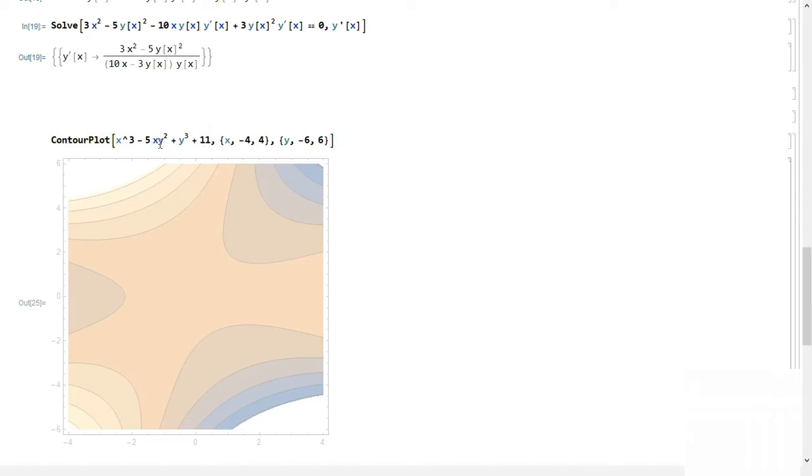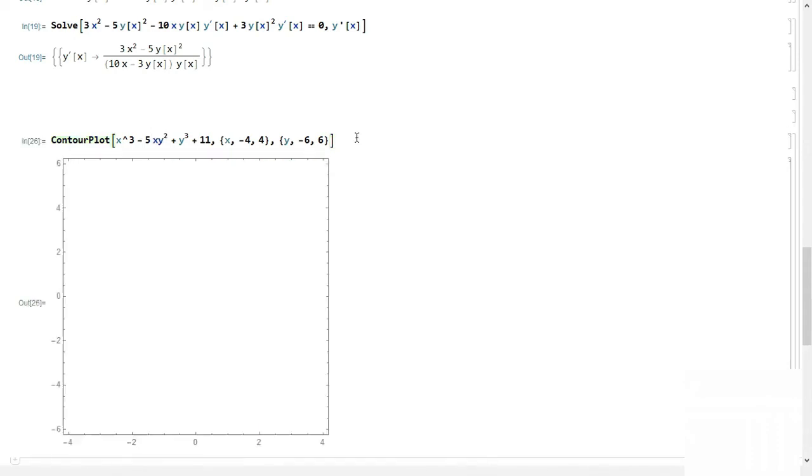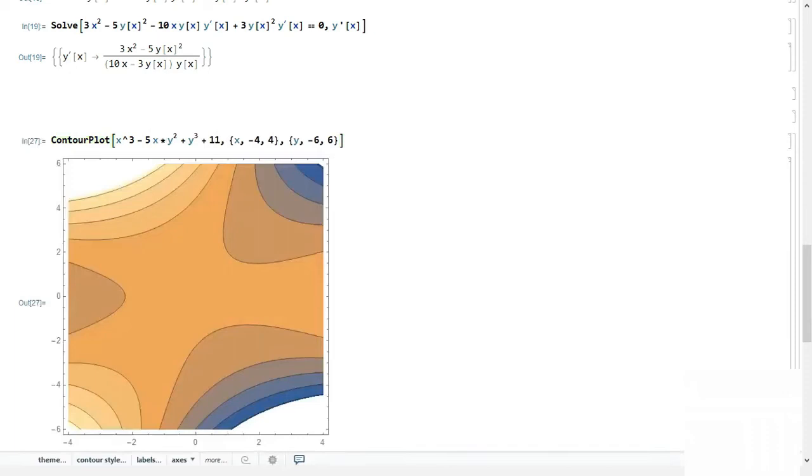What happened is that Mathematica took this xy squared, stuck together, to be a single symbol, and for this symbol Mathematica didn't know any value, so it couldn't plot it. Let's do it again and we'll see that there is no plot. And if you just separate them by a space or a multiplication symbol, there you have it, that's your contour plot.